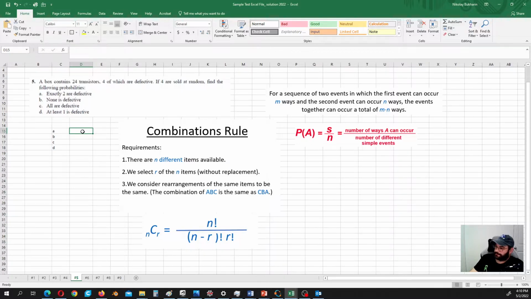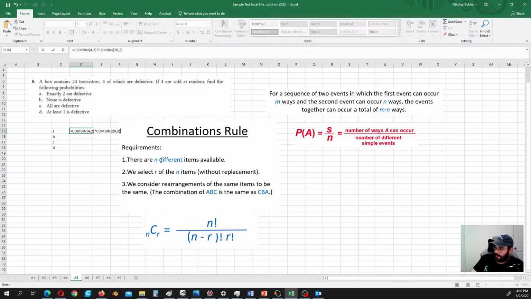So the first event we are selling 2 defective transistors, and in how many ways we can select 2 defective transistors out of 4. So this is going to be combinations, and this is 4, this is 2. And then 2 non-defective, we are going to use combinations, and we have 20 non-defective, and we select 2.